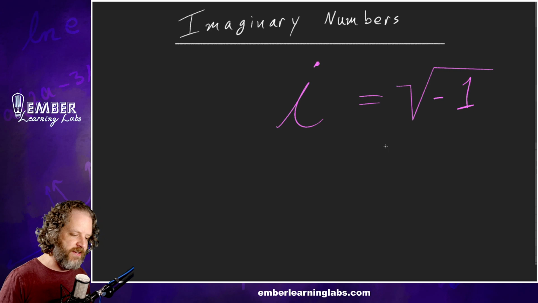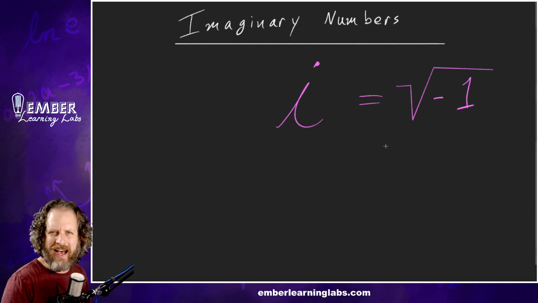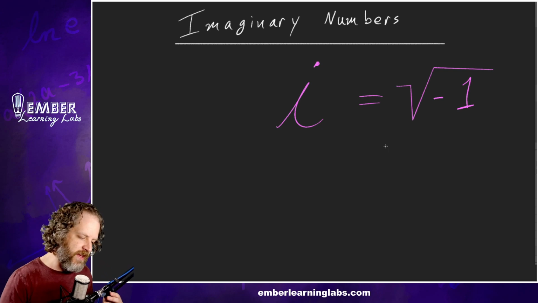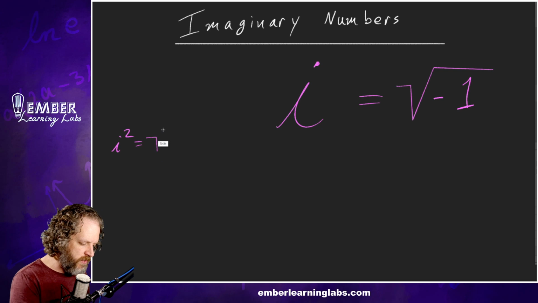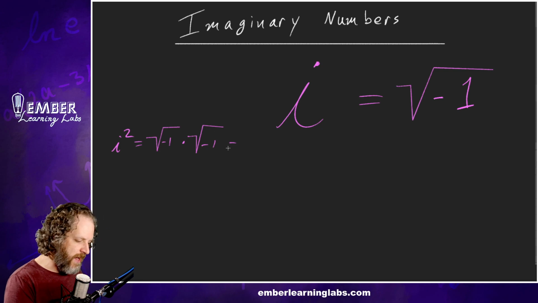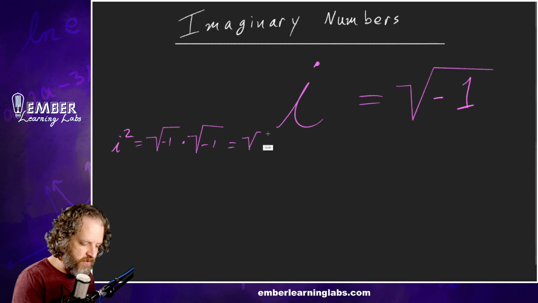So before we get into some more meaty examples, let's think about the properties of i, because there are some interesting things. i is the square root of -1. So i squared would be the square root of -1 times the square root of -1. Well, square and square root cancel out.